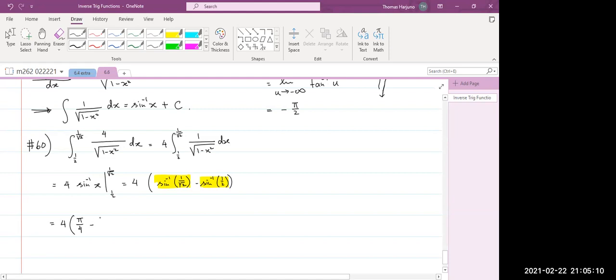Sine inverse of 1/2 is 30 degrees, pi over 6. So this is 4 times (3 pi minus 2 pi) over 12. This is pi over 3. That's number 60.